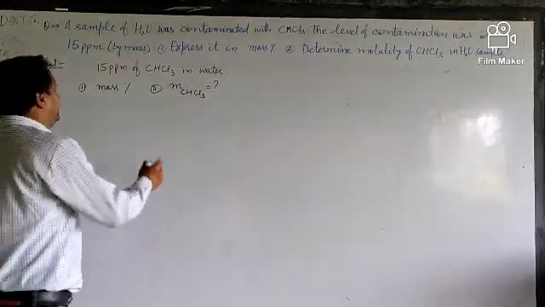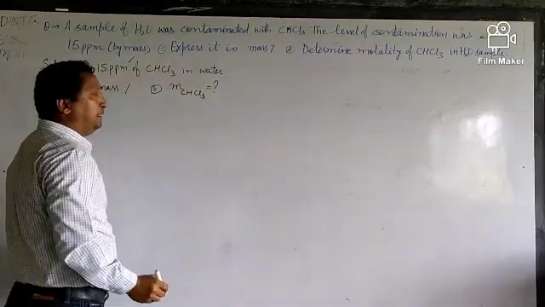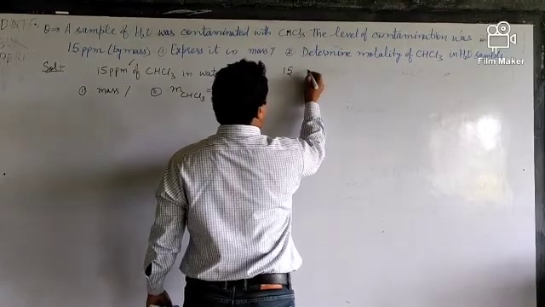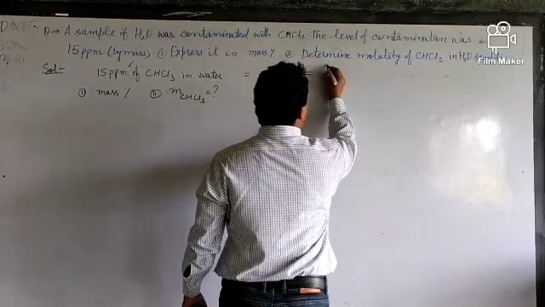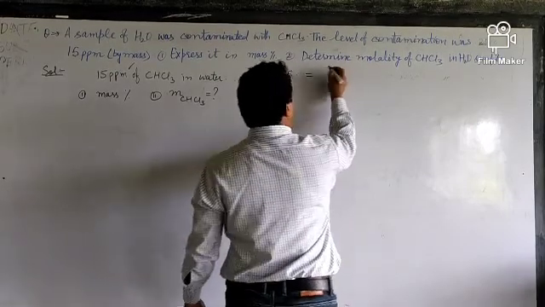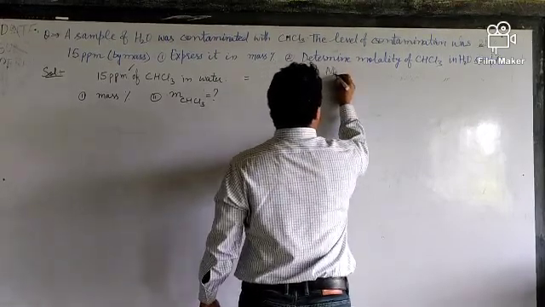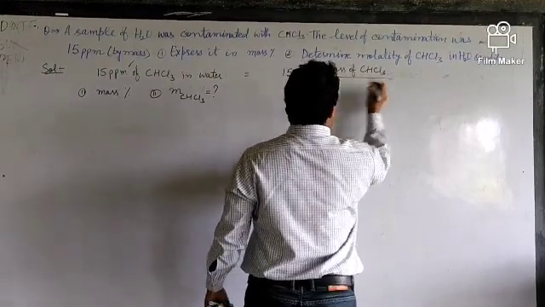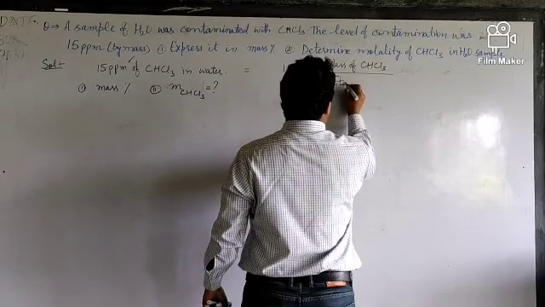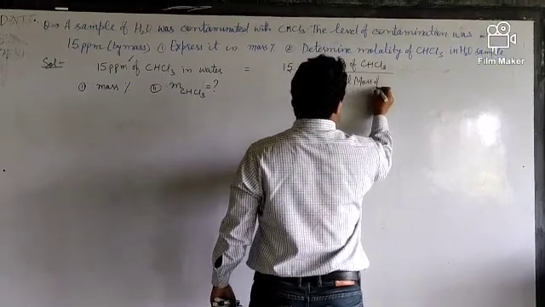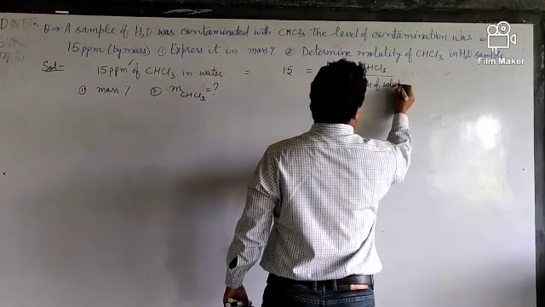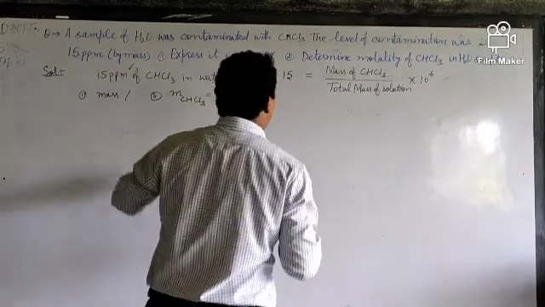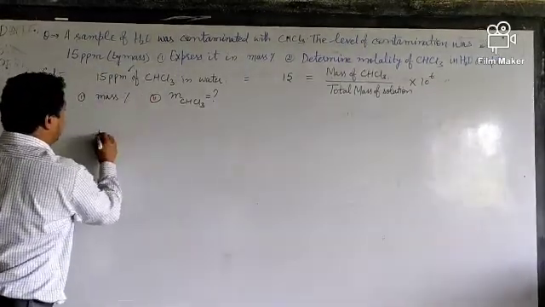Okay. Now, what does it mean? It means that 15 ppm is given, equal to mass of CaCl3 upon total mass of solution into 10 raised to power 6. And what we have to find out? We have to find out the mass percentage.